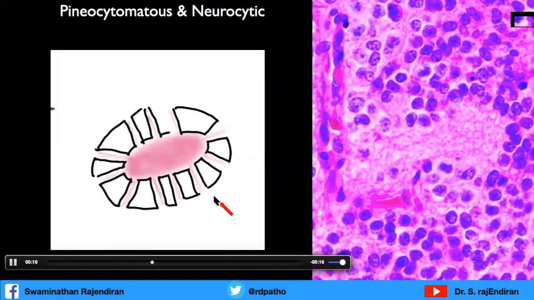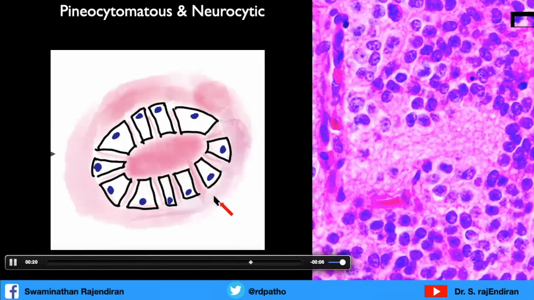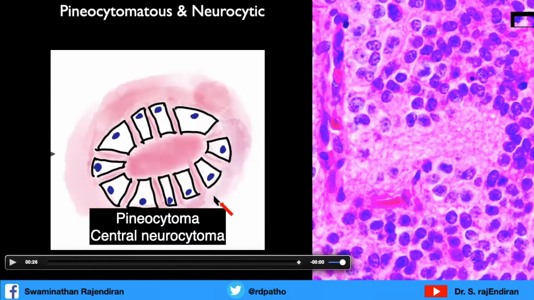We are drawing the cells now, the nuclei, and the central substance is continuous in between the cells as well as around the cells. So again, it follows the definition of true rosette. And these type of rosettes are seen in pineocytoma and central neurocytoma.